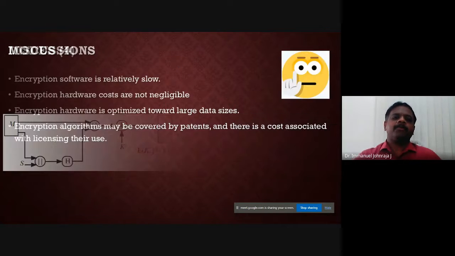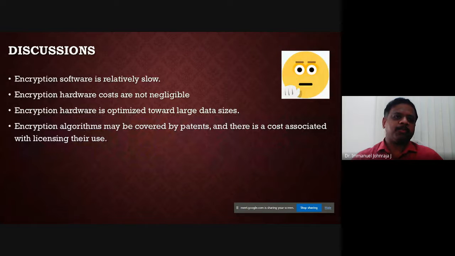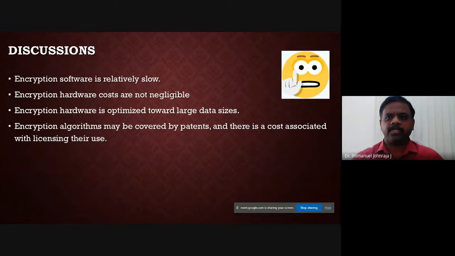As I have said, we got rid of encryption in the third mode, if you follow this story correctly. But we should not jump into action immediately. The emoticon says wait. Encryption software is relatively slow, we all know that.